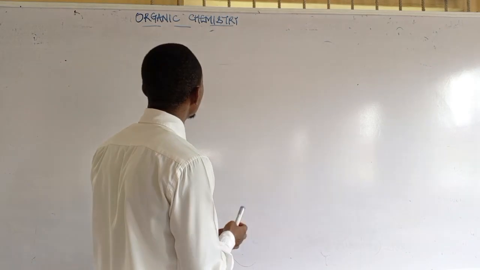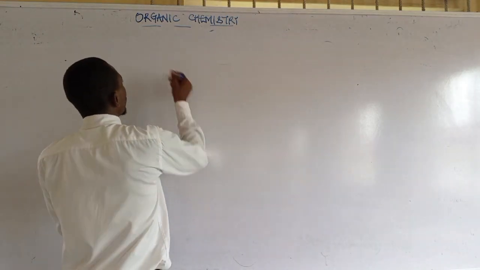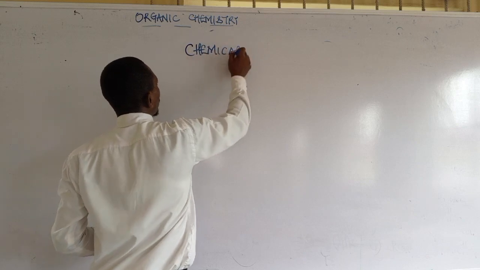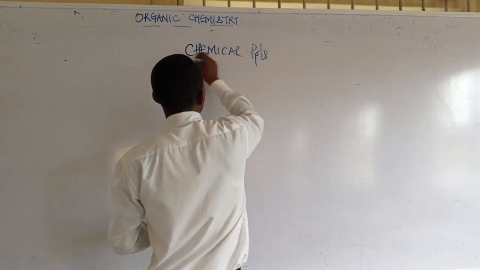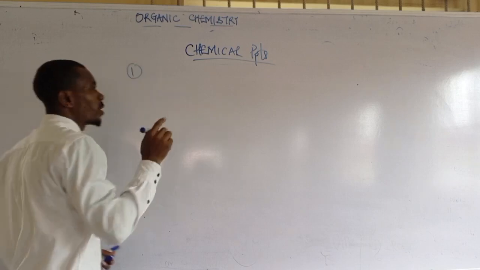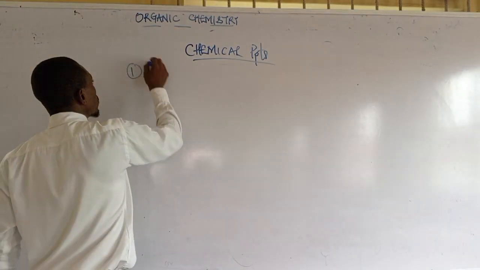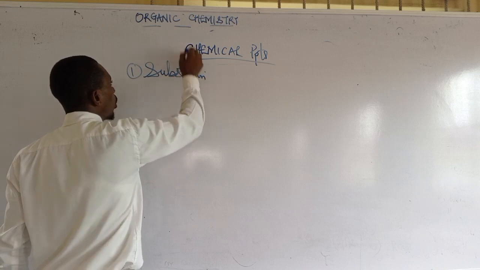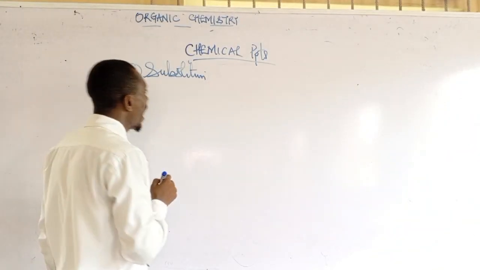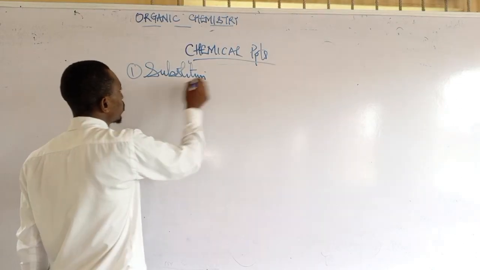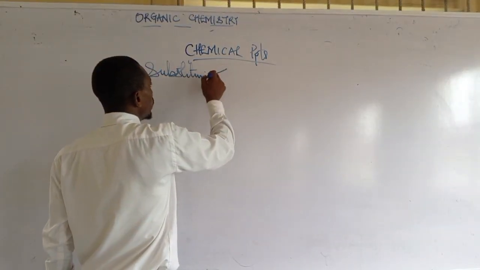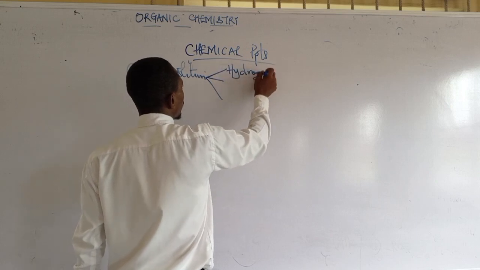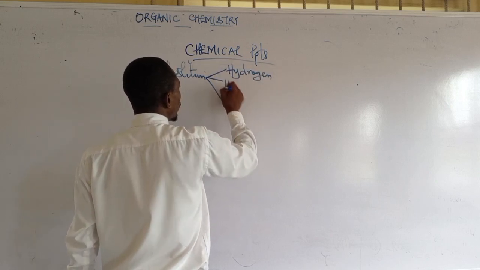Then the chemical properties of methane. One, which we must not forget, is that it undergoes substitution reaction, which is the hallmark of all saturated compounds. And by substitution reaction, it can react with hydrogen or with halogen.